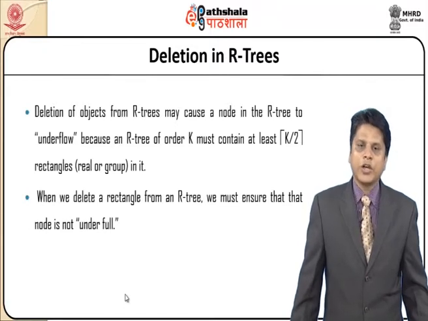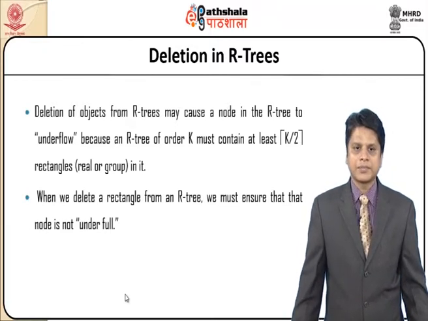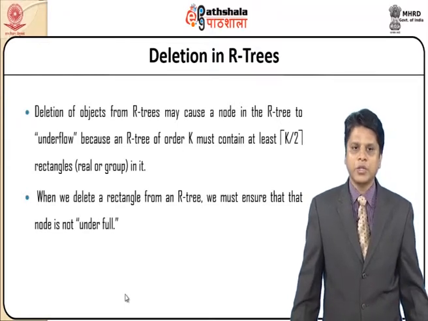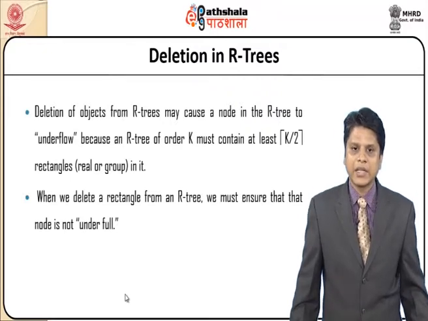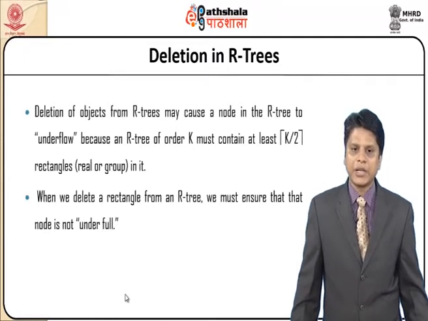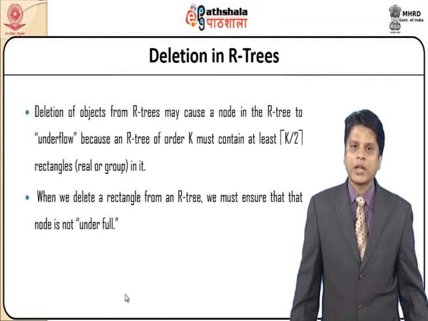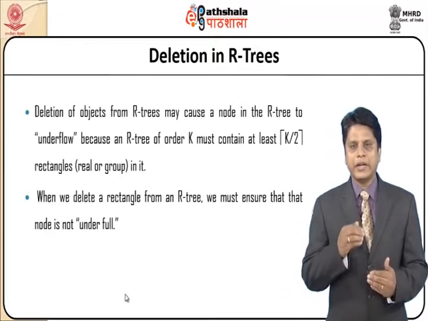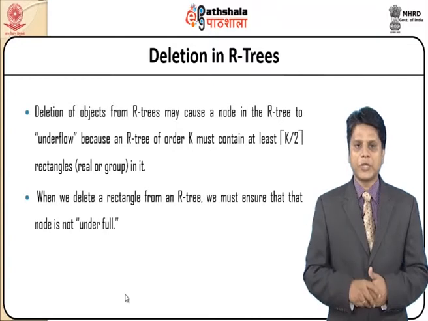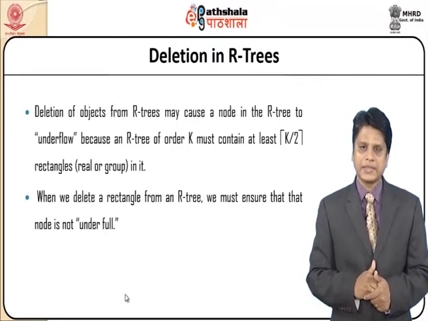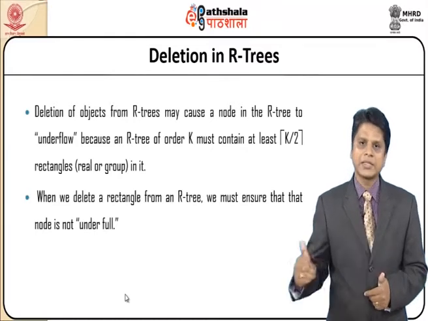Now let us understand the procedure of deletion in R trees. Deletion of objects from an R tree may cause a node to underflow, because an R tree of order k must contain at least k by 2 rectangles in it. So, when we delete a rectangle from an R tree, we must ensure that the node is not underfull. That means it is not the same procedure as we follow with the MX quadtree, where we make all the elements of that particular node null, all the directions null.